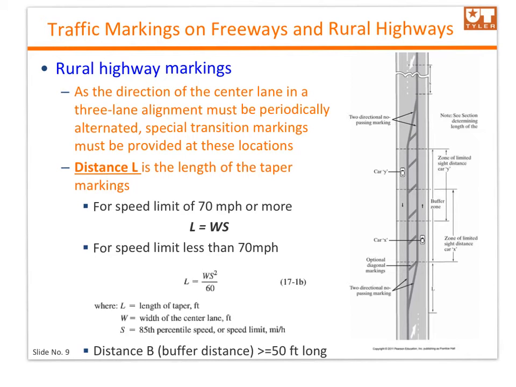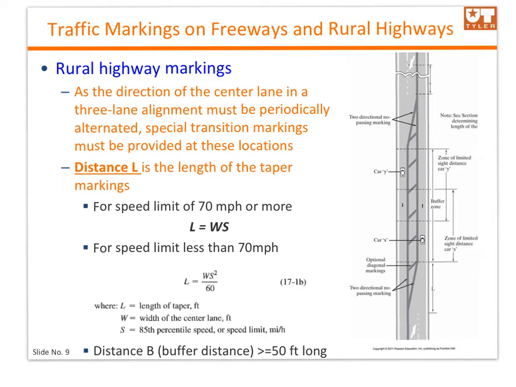And we see this in so many cases where the rural highway is basically 3 lanes, and the middle lane keeps changing back and forth from one direction to the other direction. And while we're doing this transition, a special transition marking must be provided at these locations.